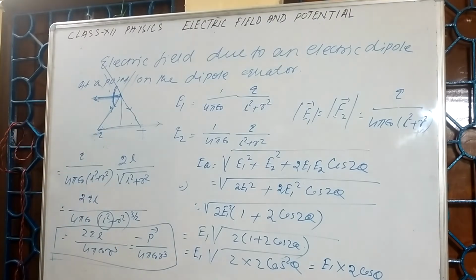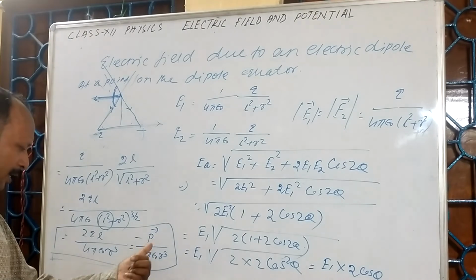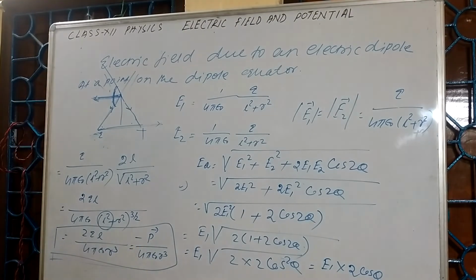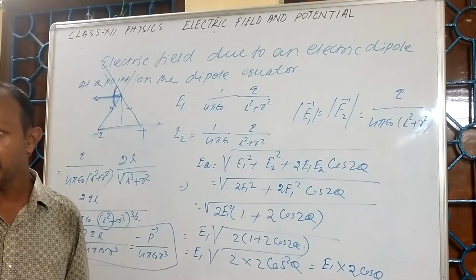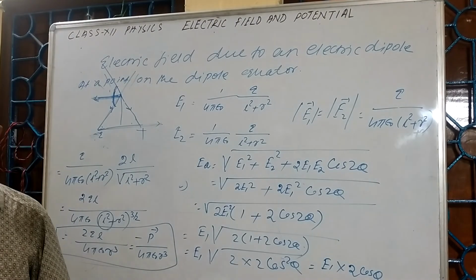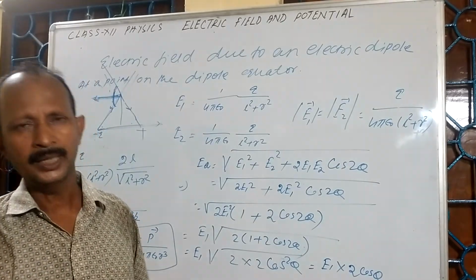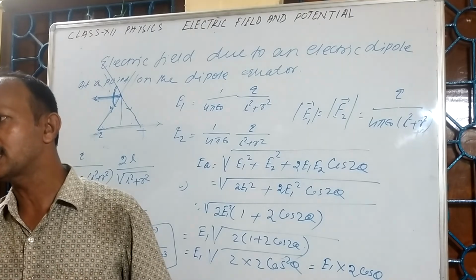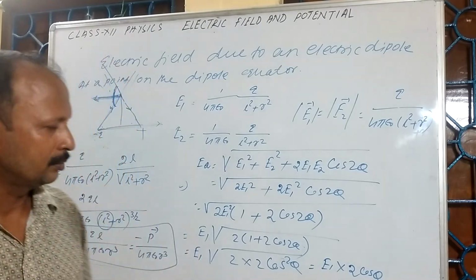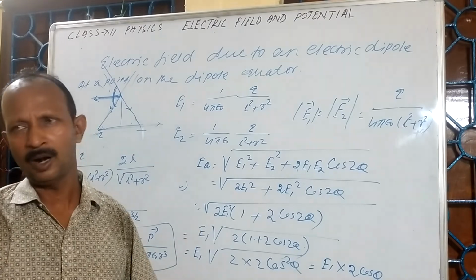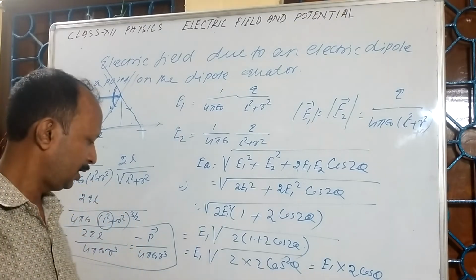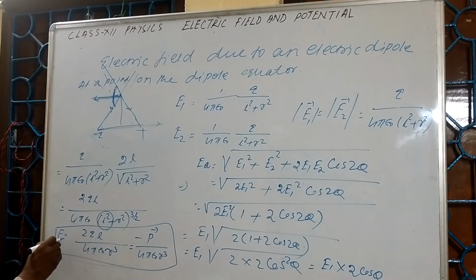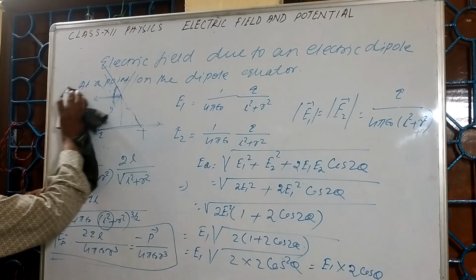So the answer comes out as minus P divided by 4 pi epsilon naught R to the power 3. In the previous case, when I calculated the electric field at a point on the dipole axis, we got 1 by 4 pi epsilon naught P by R to the power 3.